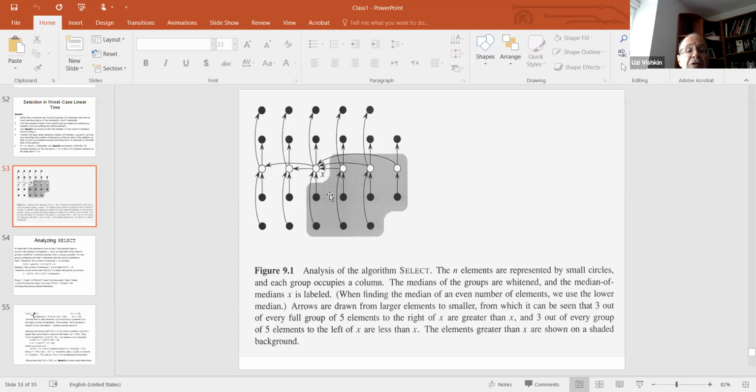We either conclude that we found our i, which is the rank that we are looking for, or that it is in the elements which are lower than X, or among the elements larger than X. So this part of ranking X, which is our pivot in this deterministic version, and how to continue from there is basically identical to the randomized algorithm.